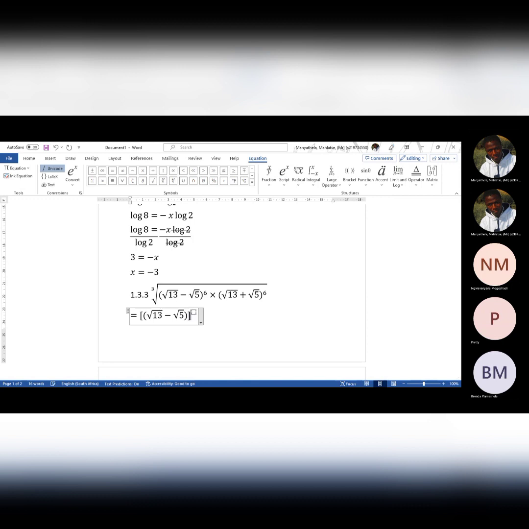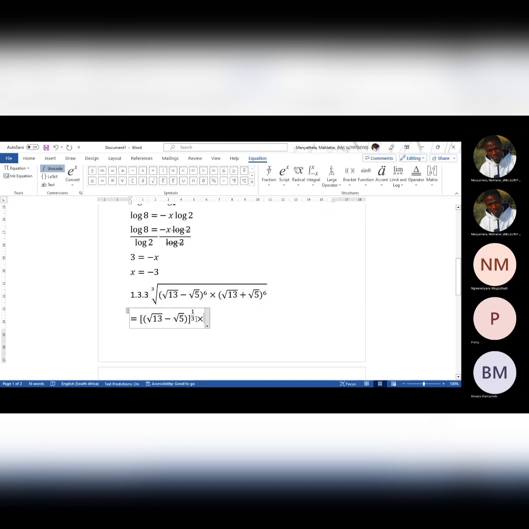Because we are removing the cube root, we do the same on the other side. Okay, fine.